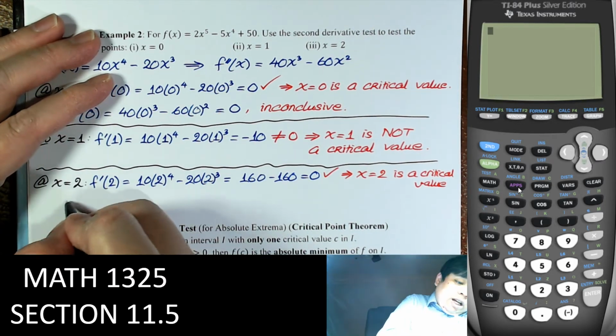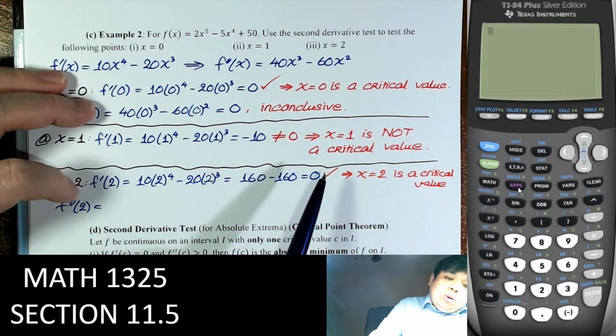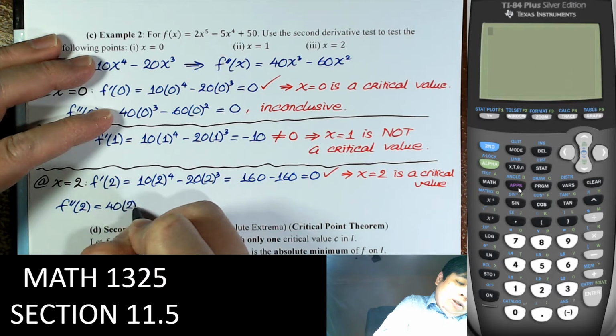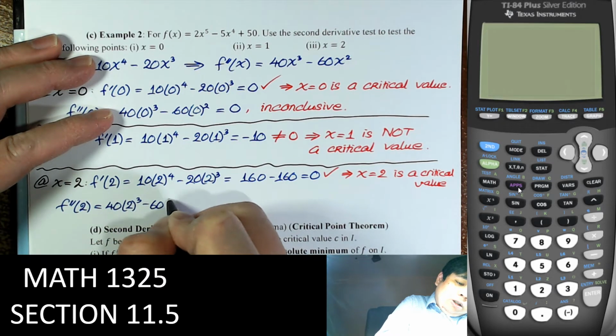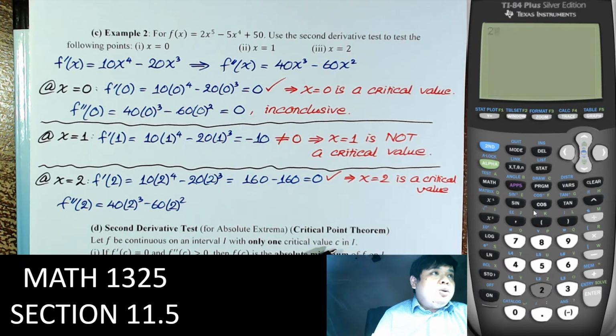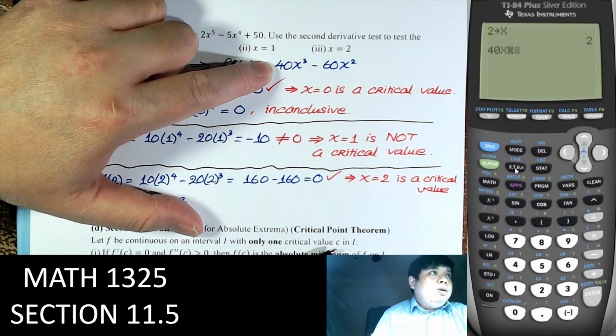Then we can use the second derivative. Put 2 in the second derivative. I have to store 2 into x. And now type in 40x cubed minus 60x squared.